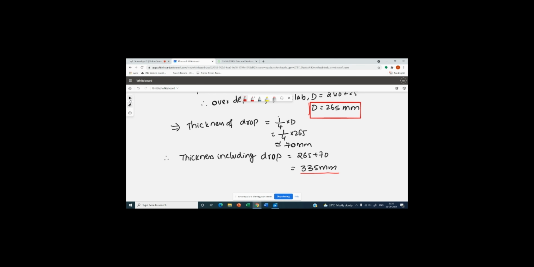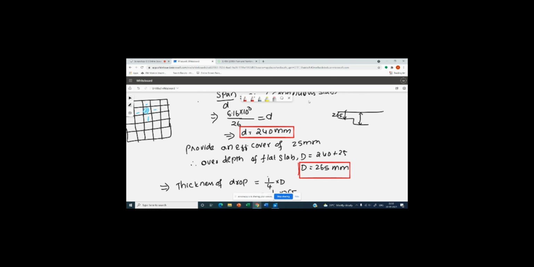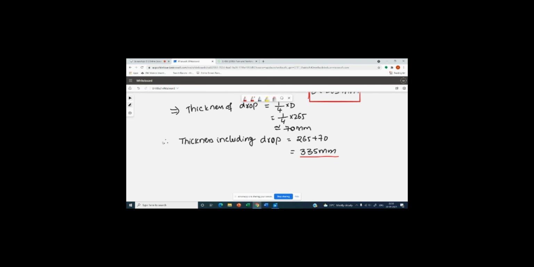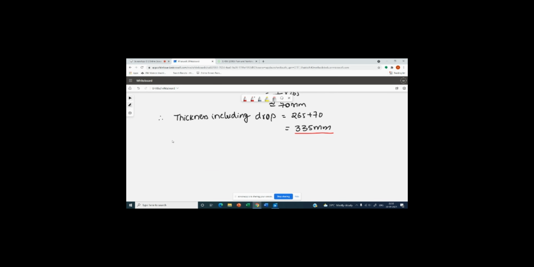This was 70 mm. I have added this, it has become 335 mm. So with this, we have completed the concrete design. That is, the thickness has been achieved.